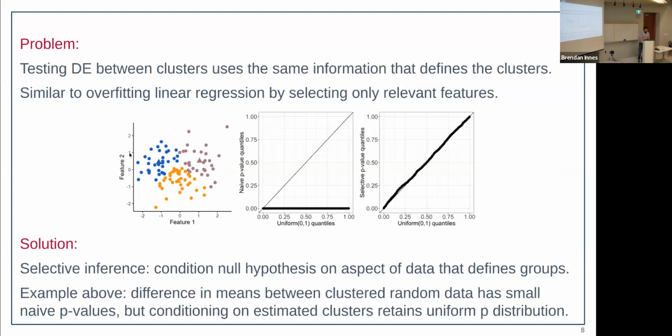So in this example here, you're not asking, is the difference in means between these 2 clusters more than we'd expect by chance, but we're asking, is the difference between these 2 clusters more than expected by chance, given that we've got 3 clusters in this data. So you condition it on what you've done to the data, and if you do that, you go from having non-uniform null p-value distributions to uniform null p-value distributions, which is what we should have when the null hypothesis is true.